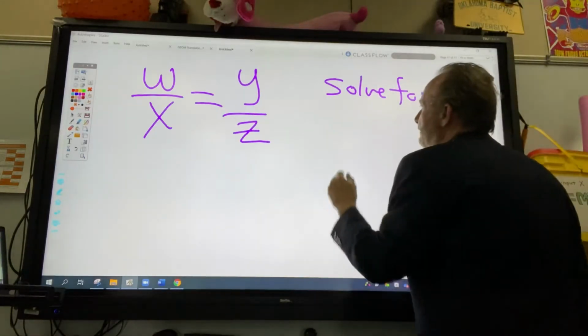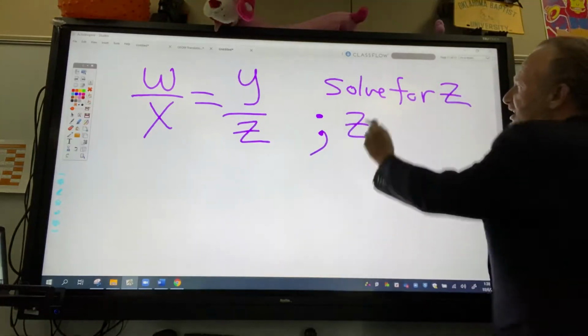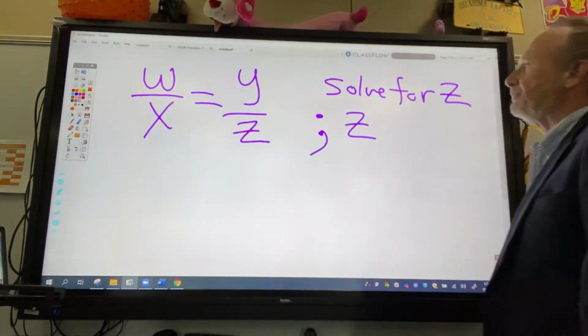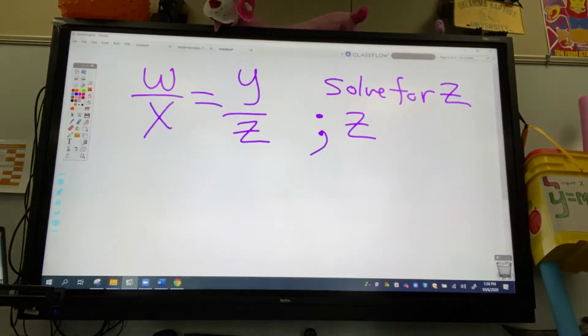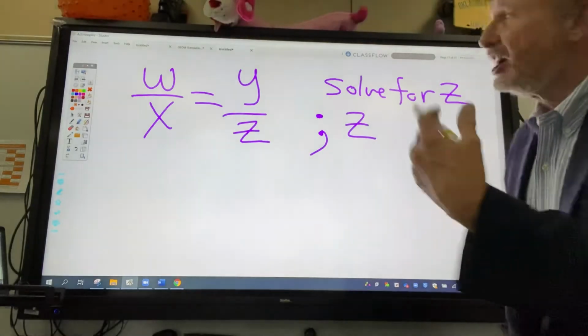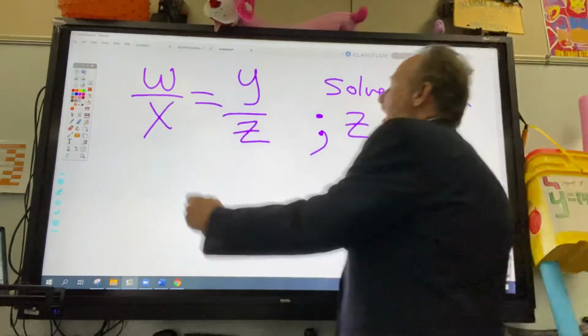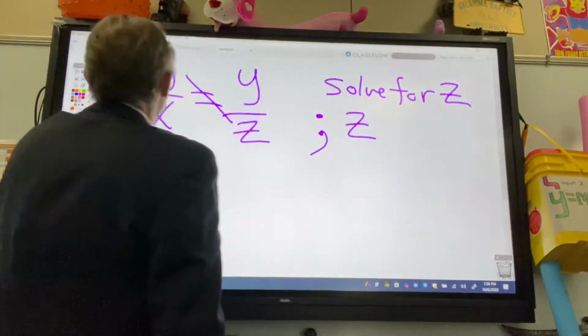Another way that they might do that is they might go like this, with z, and that tells you, okay, we're solving for z here. All right, now how on earth do I get that z from out from under? Well, because it's w over x equals y over z, I'm going to cross multiply.